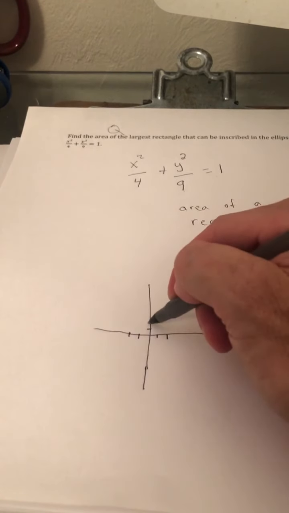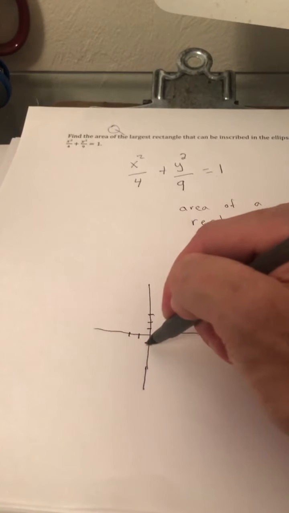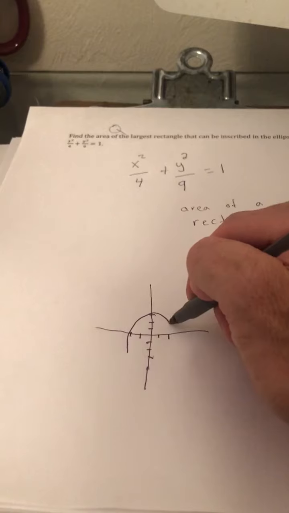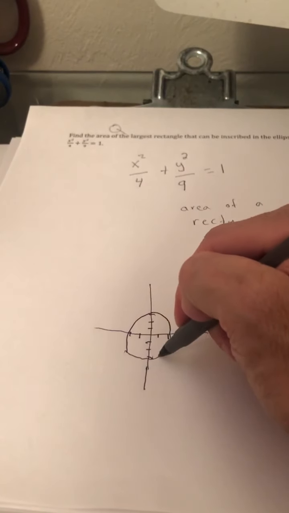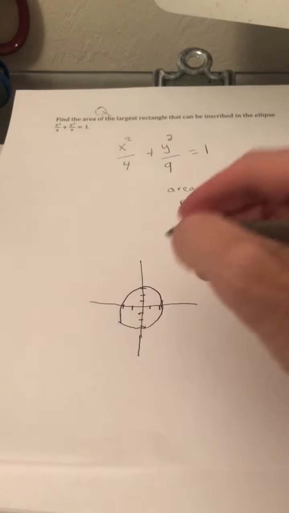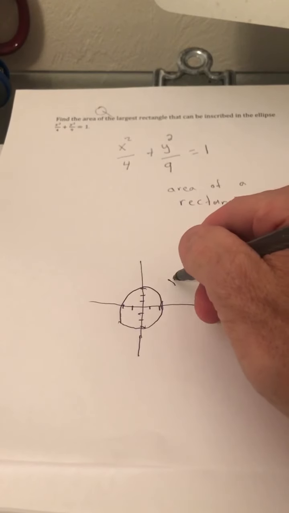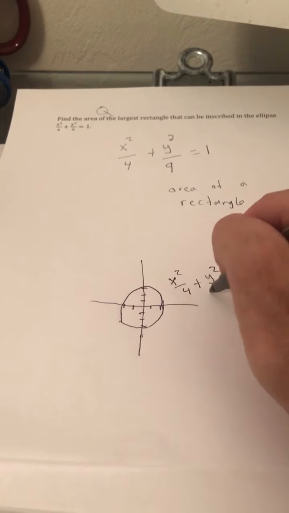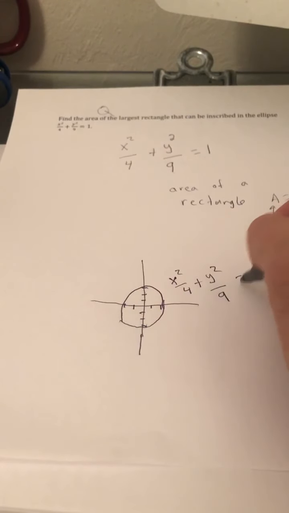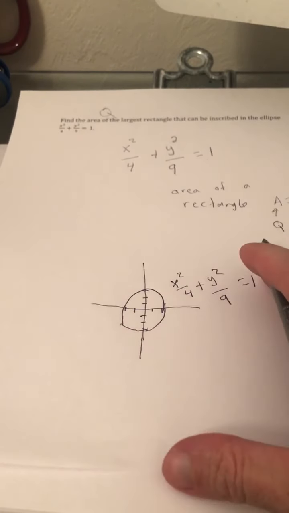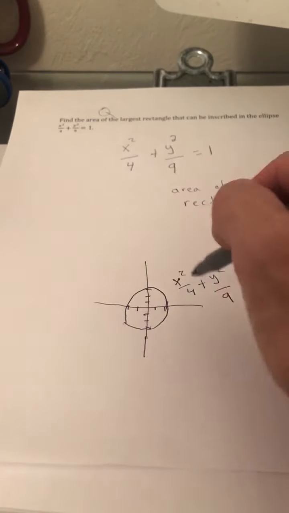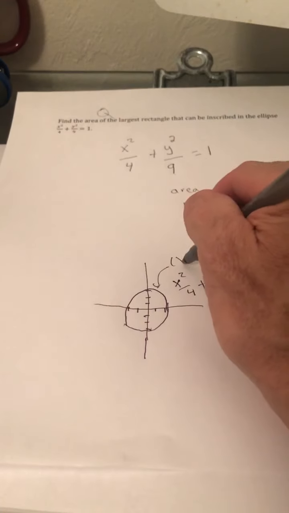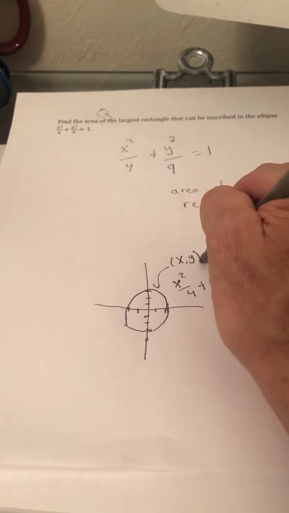The y-intercepts are plus or minus 3. So any point on the ellipse has the ordered pair x, y.